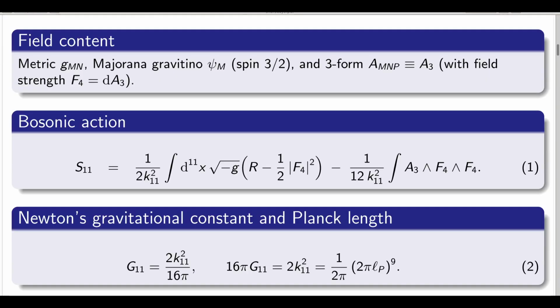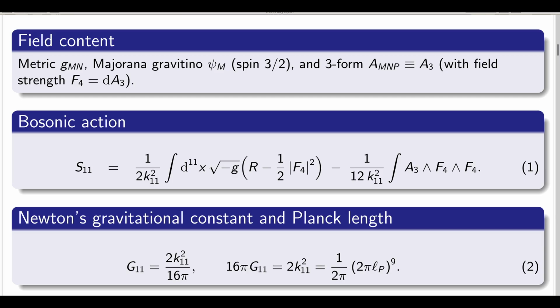Equation 2 expresses the 11-dimensional Newton's gravitational constant in terms of the Planck length L_p, the fundamental constant that sets the scale of quantum gravity in 11 dimensions. This scale will persist as we reduce to 10 dimensions and defines the framework for all subsequent thermodynamic quantities and quantum corrections.